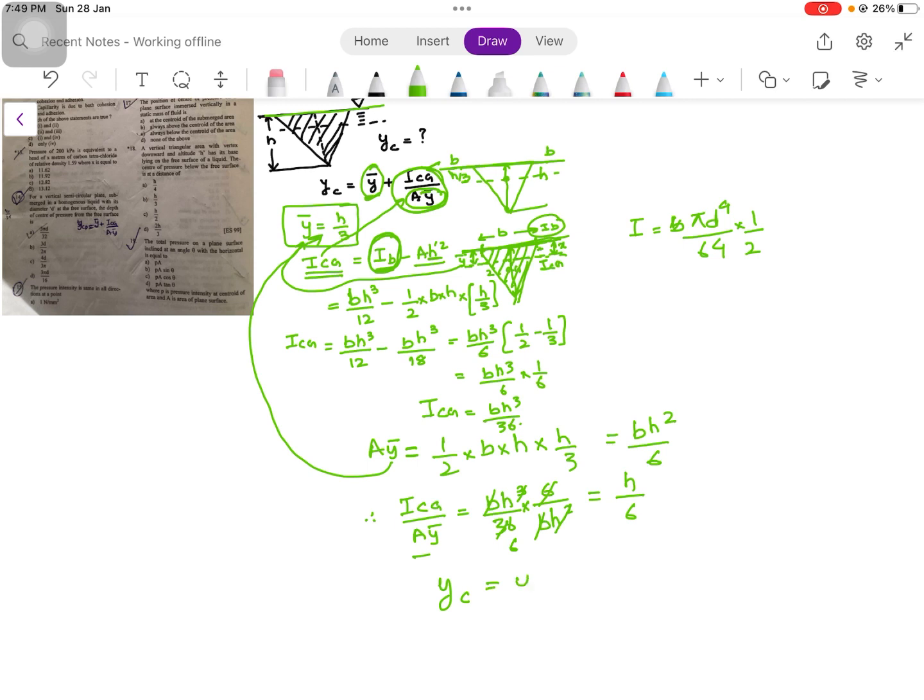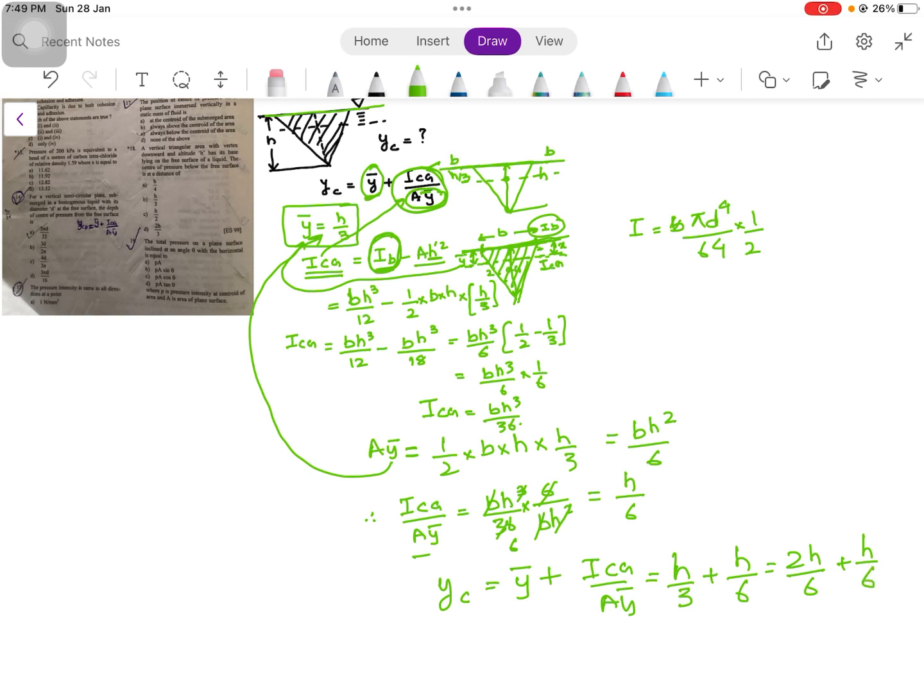YC equals y bar plus ICG upon A y bar. So YC equals y bar, which is h upon 3, plus ICG upon A y bar, which is h upon 6. So we can write it as 2h upon 6 plus h by 6.